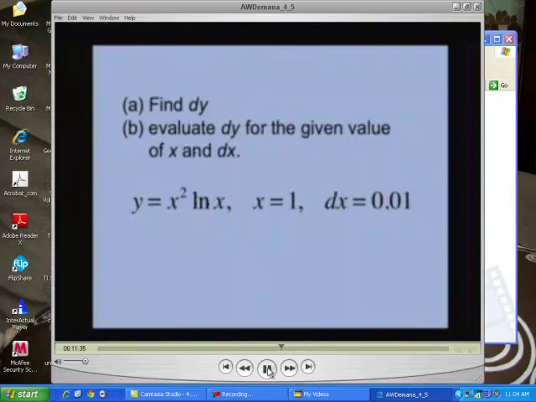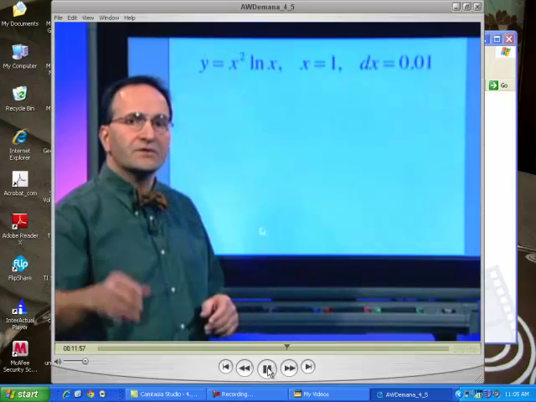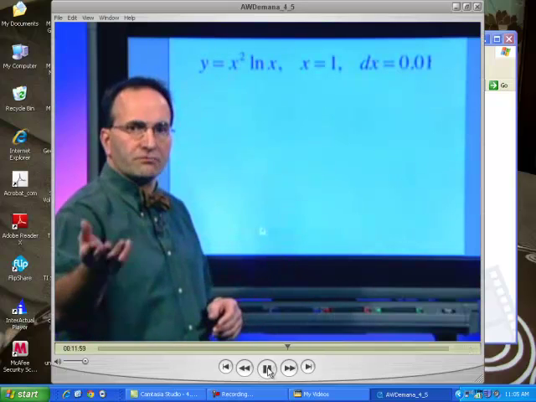The function that we're going to use is y equals x squared times log x, where x is equal to 1 and dx is equal to 0.01. So the first thing we want to do here is to calculate its derivative.